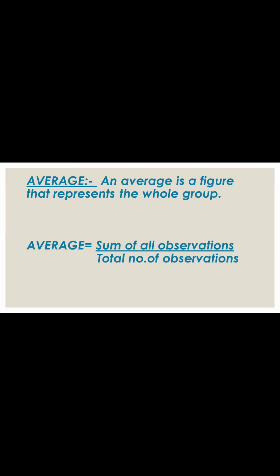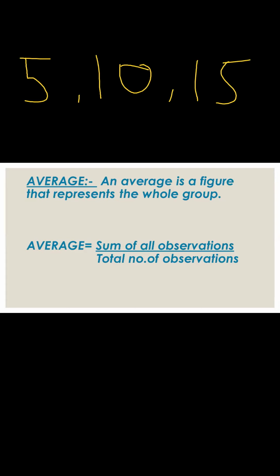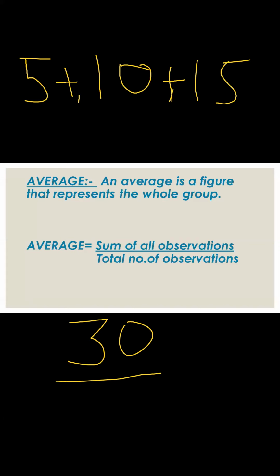Like if we have some numbers: 5, 10, 15. The sum of all observations, by adding these, is going to be 30. So 30 is to be divided by how many numbers? 3.